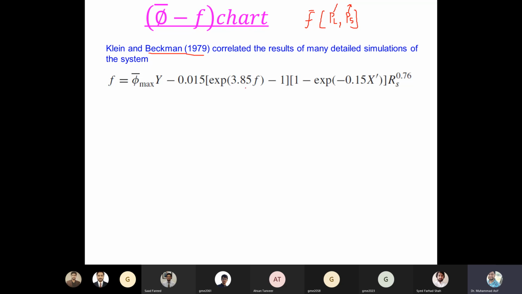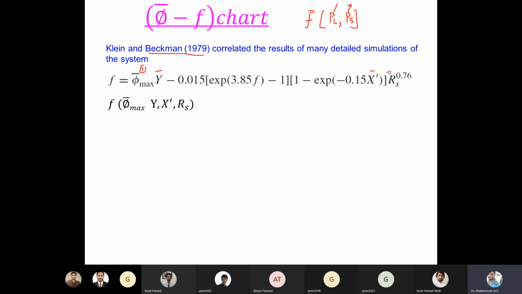So likewise here, the solar load fraction is also a function of phi max, and another parameter y, right? This is an implicit relationship, not an explicit one, because f is again a function of f. And similarly x bar and rs.